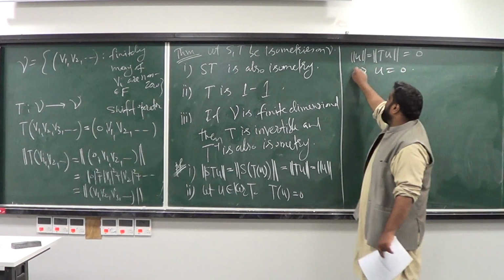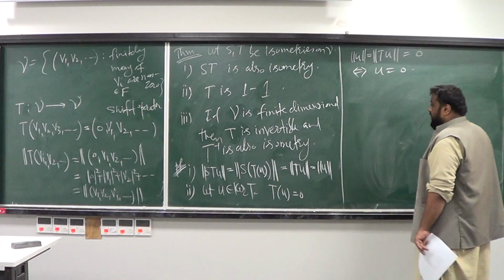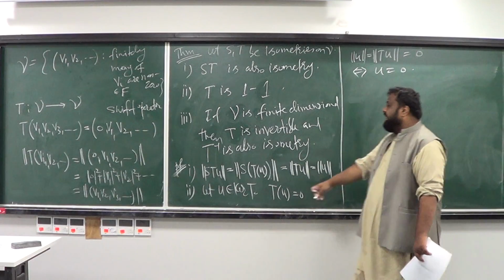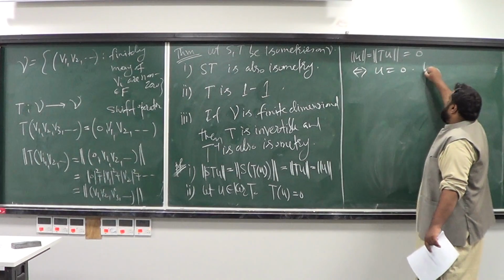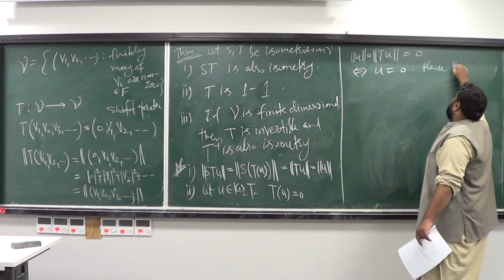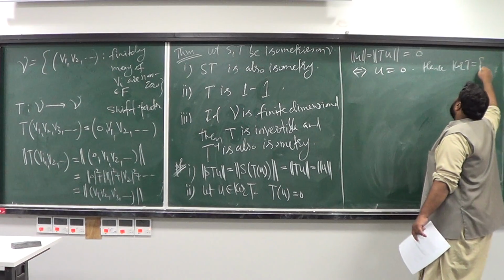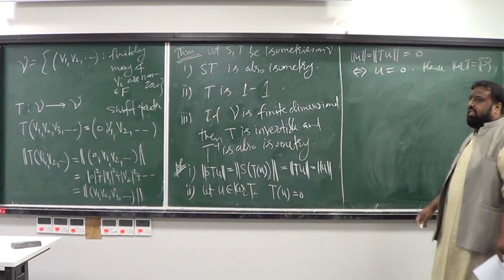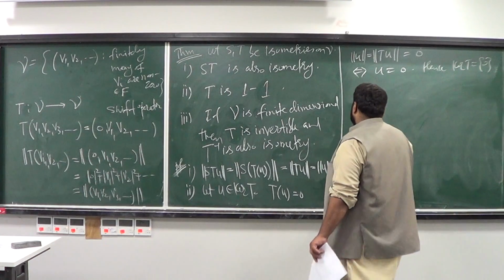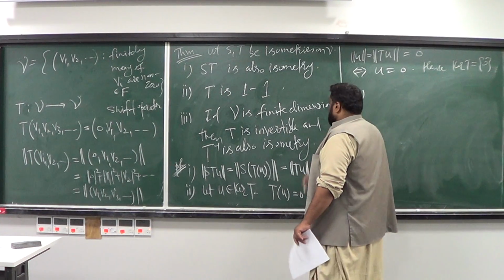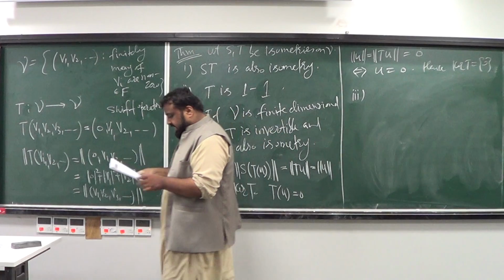This is 0 if and only if U is 0. So what we showed is that I picked a vector from the kernel of T and showed that it is 0. This shows that the kernel of T consists of only the 0 vector, so T must be a 1-1 map. That's really the second part.